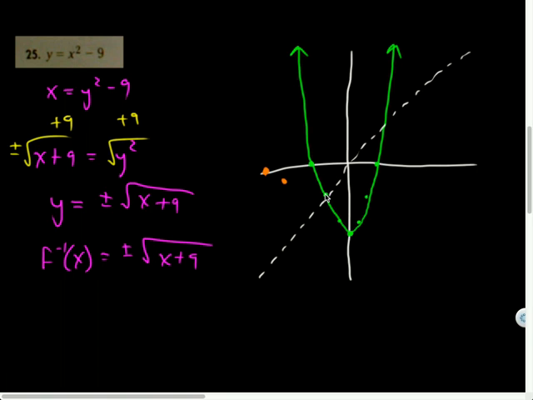Actually, if that was right on the line, it wouldn't have been. It's not quite on the line, but yeah, it would be kind of on the other side there, I guess. And then this point is at negative 3, comma 0, so now the new one is 0, negative 3. So it's a little bit weird.